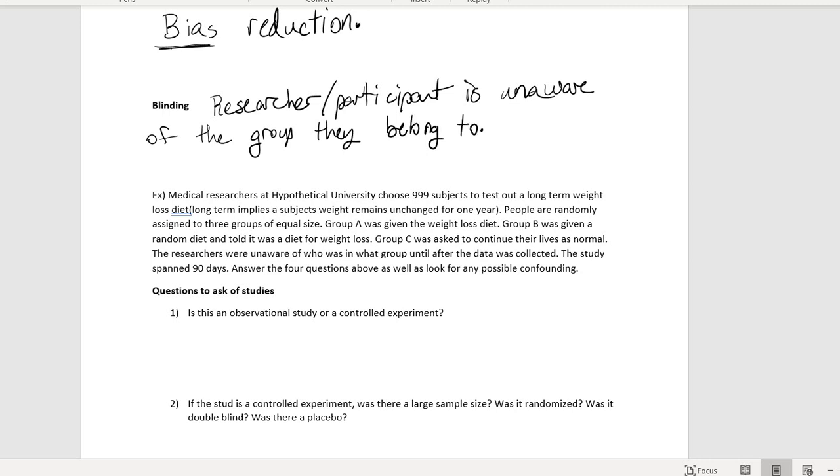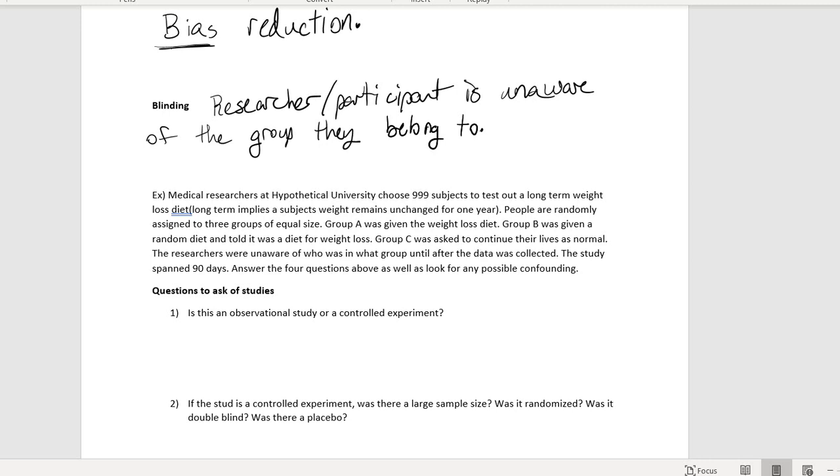Okay, so in this case, for example, let's say that we're testing out a placebo versus an active drug. We would give them to the participant and we wouldn't tell them whether they were receiving one or the other. So we want to make sure that we don't get any psychosomatic results.